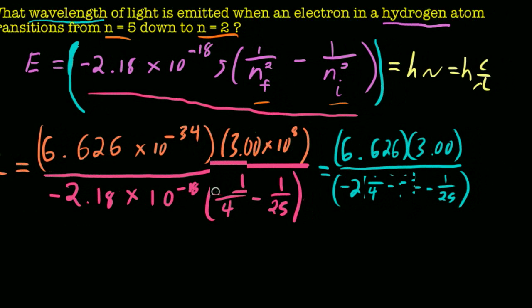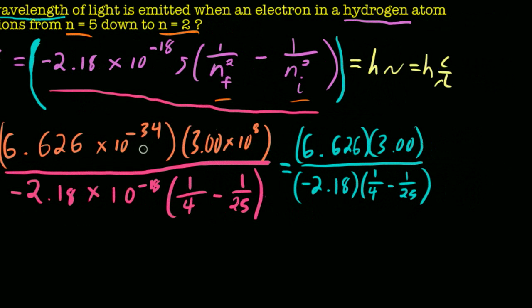So we've got positive 18 and positive 8. What's 18 plus 8? That would give us 26, right? So we've got 26 minus 34.